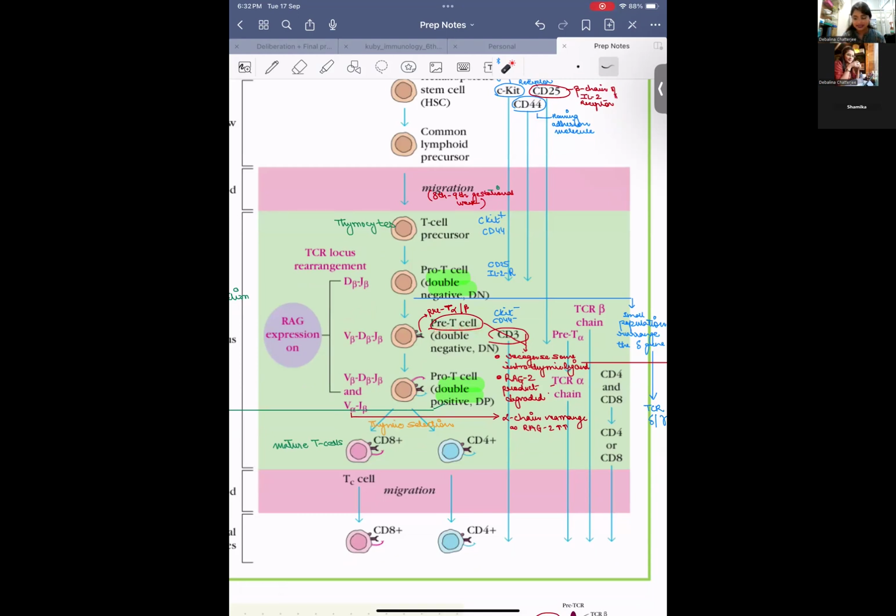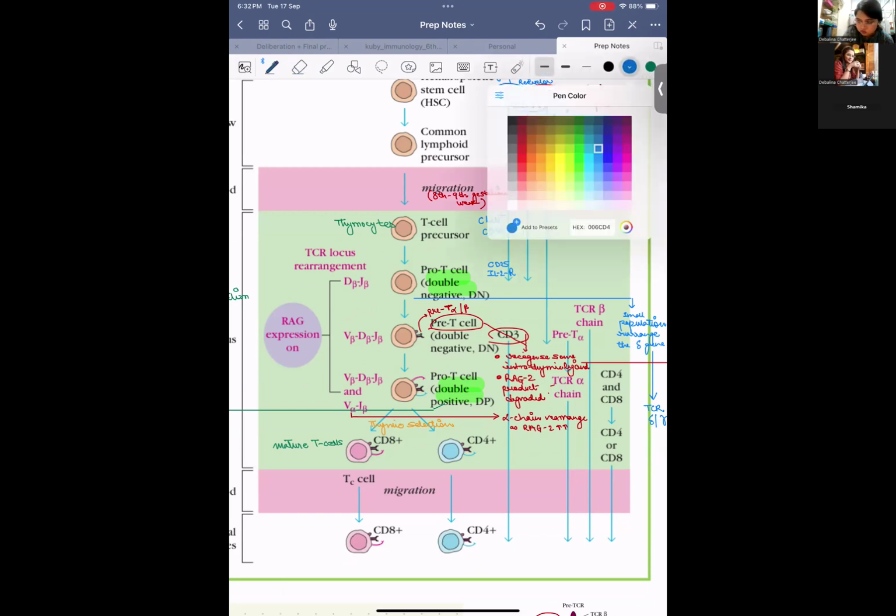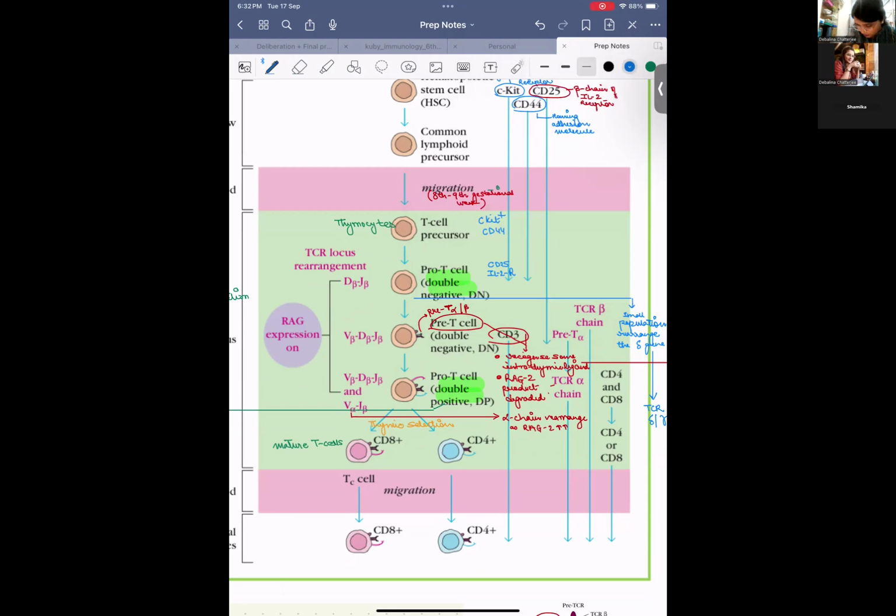Now, what is present in the pre-T cell? c-Kit and CD4 cease to express here. So we'll write that it continues to express the CD25 molecule, which is equivalent to the IL-2 receptor.